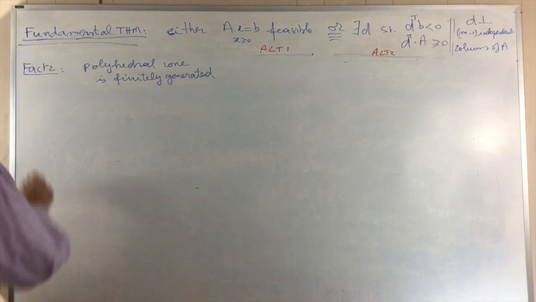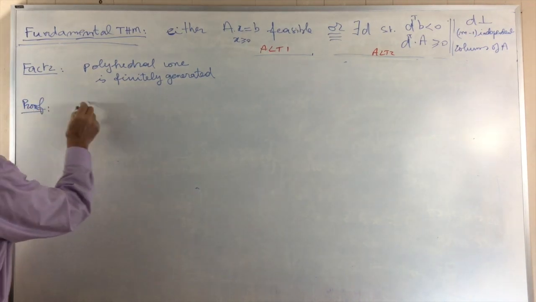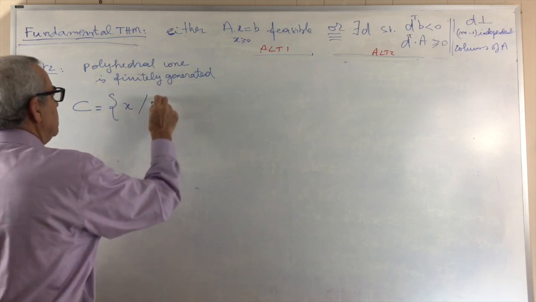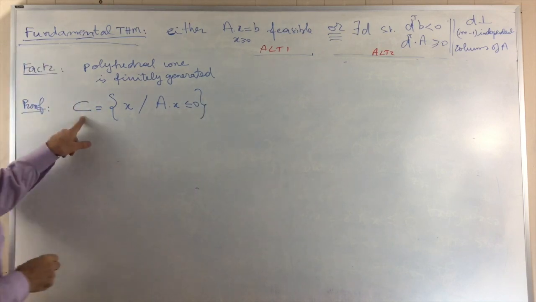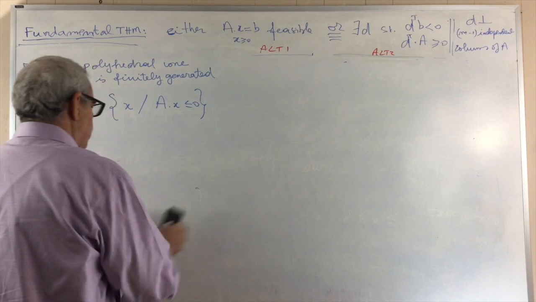Let's prove that. I'm going to take a cone C defined by some linear inequalities, A dot x less or equal to 0. So this is a polyhedral cone. I want to show that this is finitely generated.